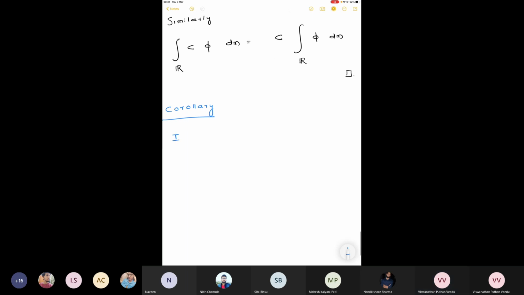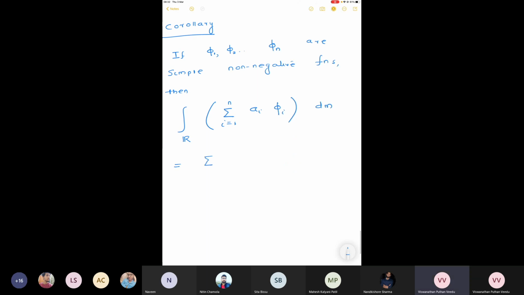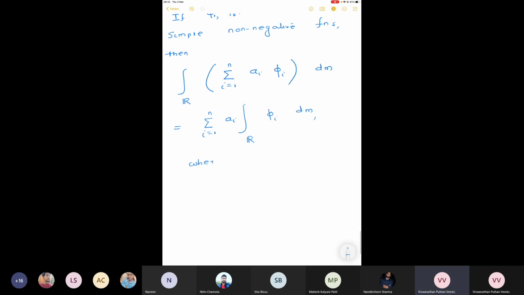If phi 1, phi 2, etc., phi n are simple non-negative functions on R, then integral over R summation i equals 1 to n ai phi i dm is equal to summation i equals 1 to n ai integral over R phi i dm, where ai's are positive real numbers.